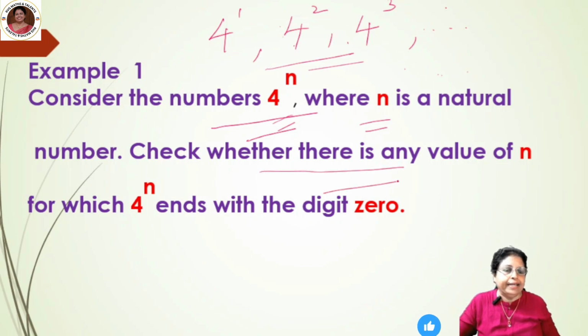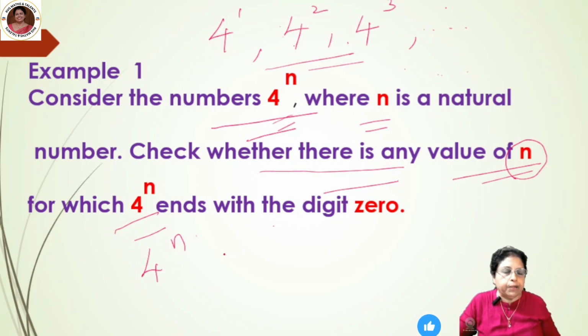Check whether there is any value of n for which 4 raised to n ends with the digit 0. That means, can you find any n such that 4 raised to n ends with digit 0?